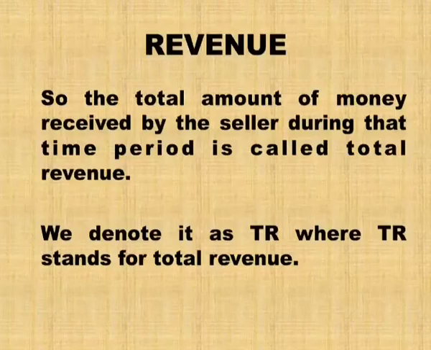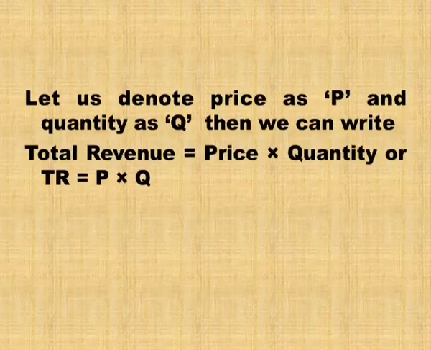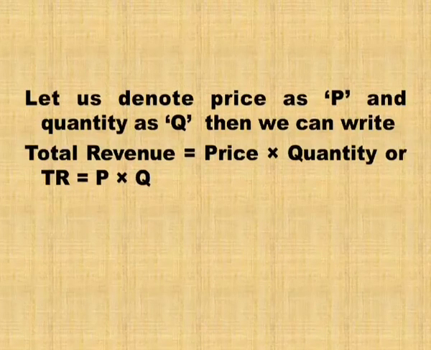So, the total amount of money received by the seller during that time period is called total revenue, denoted as TR. Let us denote price as P and quantity as Q. Then we can write TR equals P into Q. This completes our statement for total revenue.